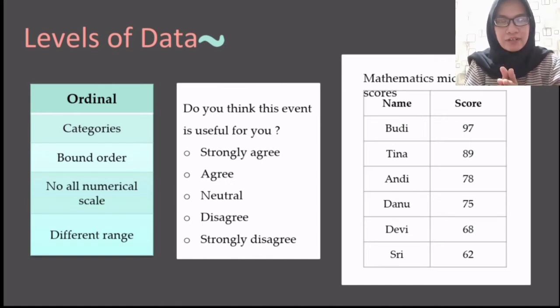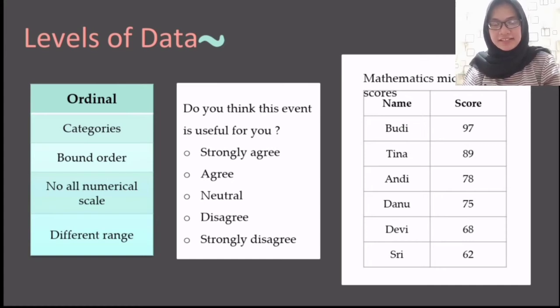The choices from strongly agree, agree, neutral, disagree, and strongly disagree are different, and there is a bound order on it. If we put a number on the multiple choices, it could be an order. For example, strongly agree is 5 points, agree is 4, neutral is 3, disagree is 2, and strongly disagree is 1.